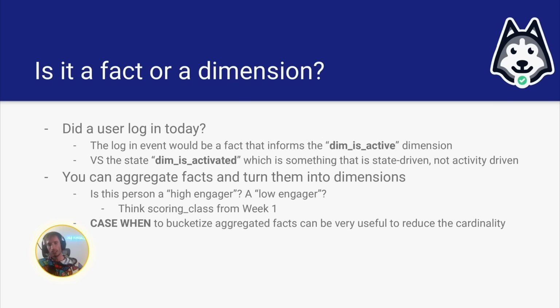So you want to do this thing called bucketization when you are creating your dimensions out of your aggregated facts, because then you can create a smaller number of buckets, and that can make your group bys more informative. Because a lot of times if you have extremely high cardinality, the data is going to look really strange.